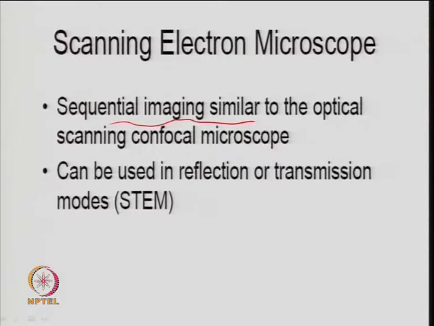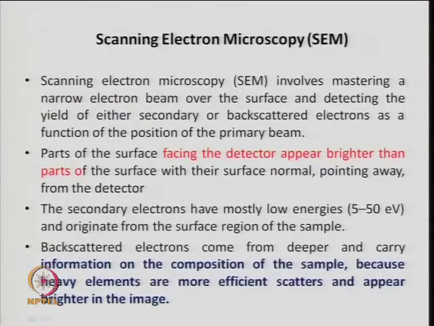Just like in your optical microscope you take a picture, it is just a picture of that surface, but using electrons, not a light source, photons or other low energy sources. So, this can be used in reflection or transmission mode, and different approaches can be used here.